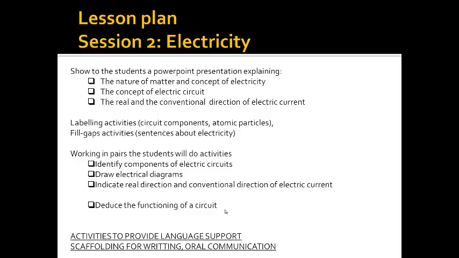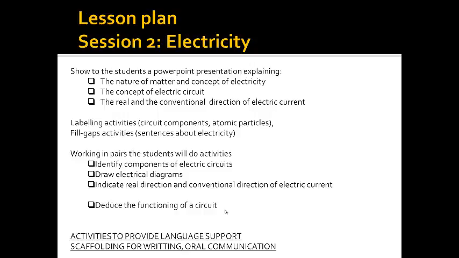The teacher will show the students a PowerPoint presentation explaining the nature of matter and the concept of electricity, the concept of the electric circuit, and the real and the conventional direction of the electric current. Then the students will do, working in pairs, labeling activities about the atom and fill-in-the-gaps activities with sentences about the concept of electricity.